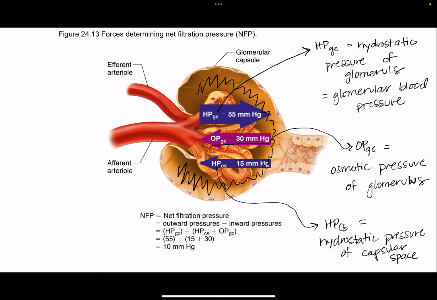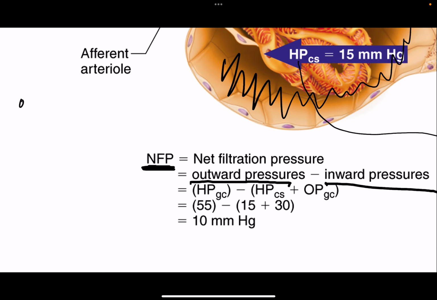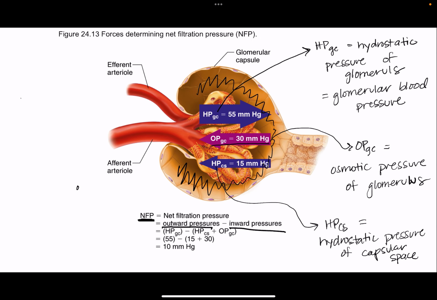And so we're going to figure out what net filtration pressure is here. And it's just like what we did with the capillary dynamics. Outward pressures minus inward pressures. Our outward pressures here, out pressures is 55 millimeters of mercury from this guy here.